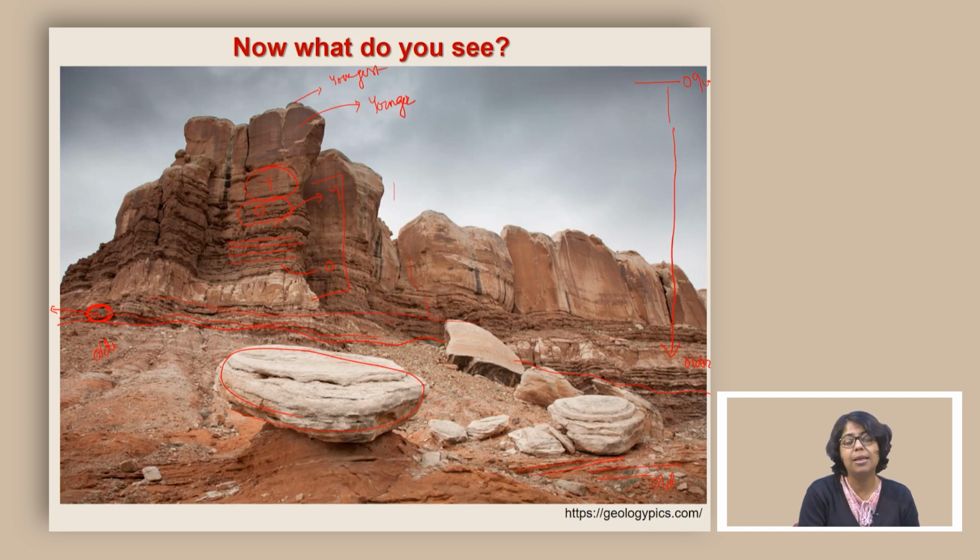Because we are saying that the law of superposition will only be true if the strata is undisturbed. Clearly, these rocks are formed by eroding some of the materials from here, and therefore, these are a representation of disturbance. So, they were not in the same place where they were formed.